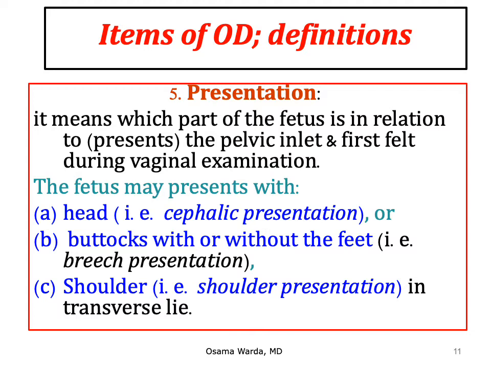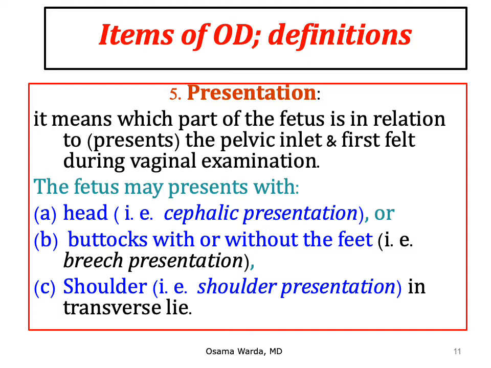So we have 5 types of cephalic presentations according to the fetal head attitude. We have vertex with full flexion, face with full extension, brow midway between flexion and extension, anterior parietal bone presentation, and the posterior parietal bone presentation when the head is tilted to the side.